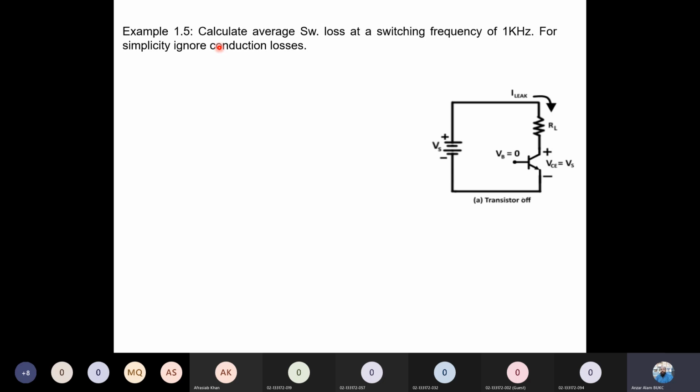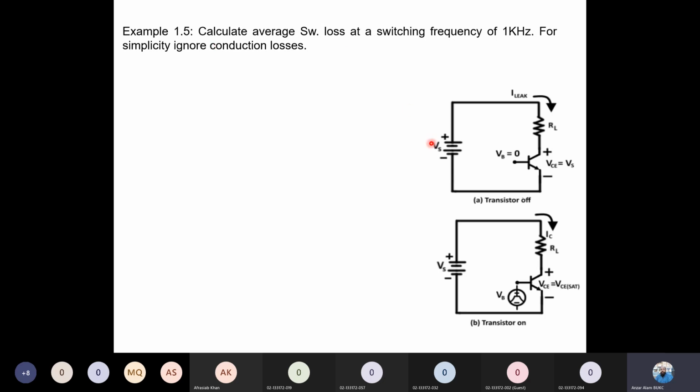Example 1.5: calculate the average switching loss at a switching frequency of 1 kilohertz. For simplicity, ignore conduction losses. They are only interested in the switching losses; they say not to consider conduction losses, take conduction losses as 0.